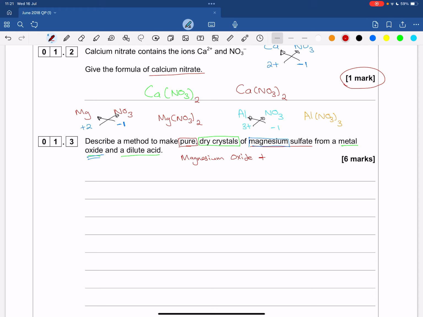And what acid is going to give you a sulfate salt? You need to know 3 main acids for your course. One is hydrochloric acid, and it forms chloride salt, chloride ion. The second one that you need to know is nitric acid. Nitric acid forms nitrate salt.